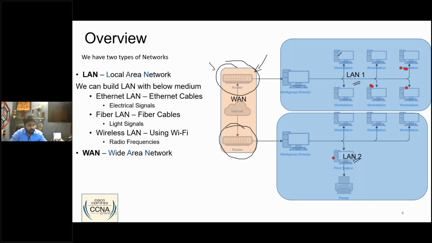And these are all my LAN 1 PCs. What device am I using to connect LAN 1 PCs? A normal switch is there. So within LAN 1, I can use a switch. Between LAN 1 and LAN 2, I can use a router. That's what I was trying to say.